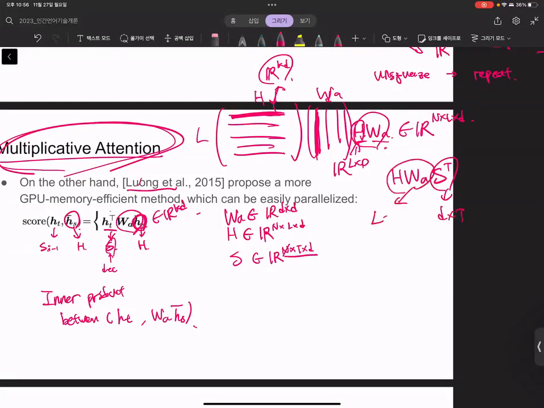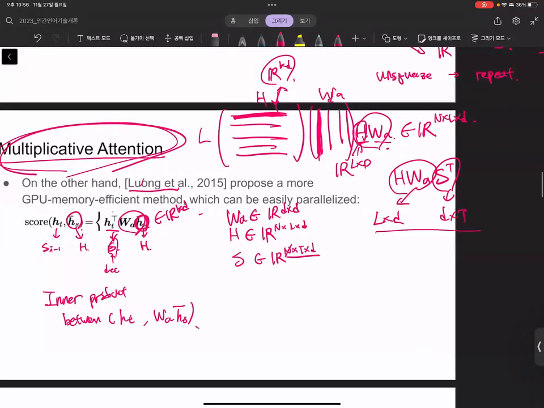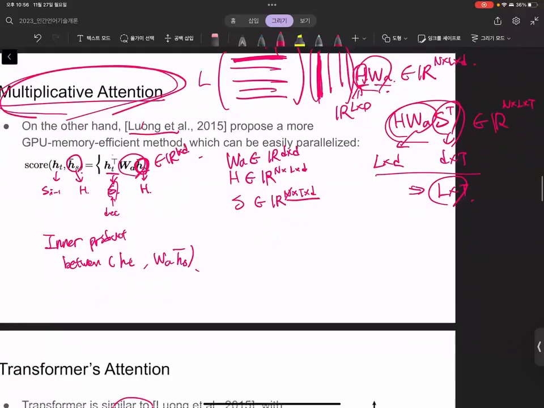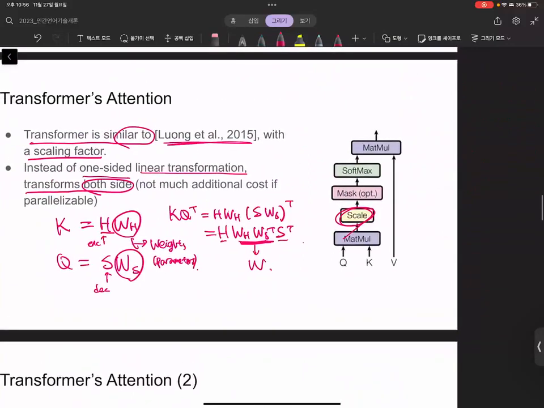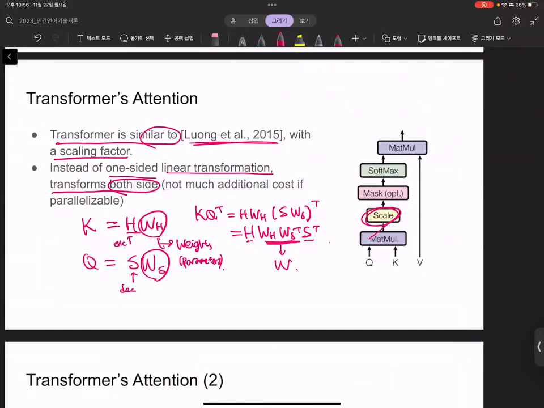This is the L by D. So we can multiply these two tensors and then it will be L by T. Finally, this will be N by L by T. And this H WA S transpose is exactly the multiplicative attention.